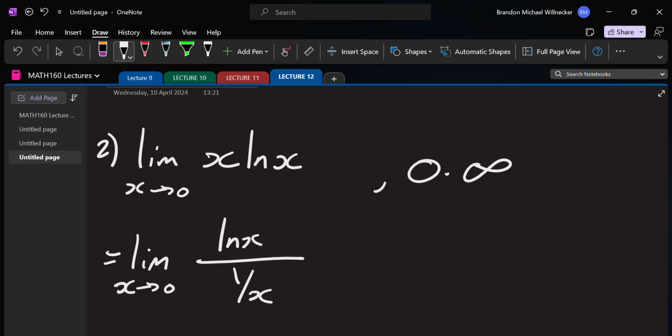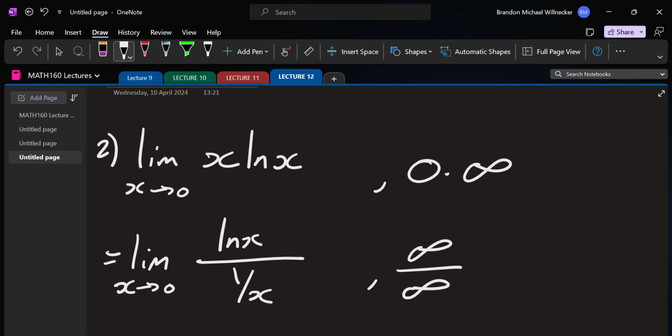So we haven't changed anything, but now what type of indeterminate form is this? In the top, when x goes to 0, the top will be infinite. In the bottom, we have 1 over x. When x goes to 0, that's also infinite. So now we have infinity over infinity. And since it's infinity over infinity, we can now use L'Hopital's rule.